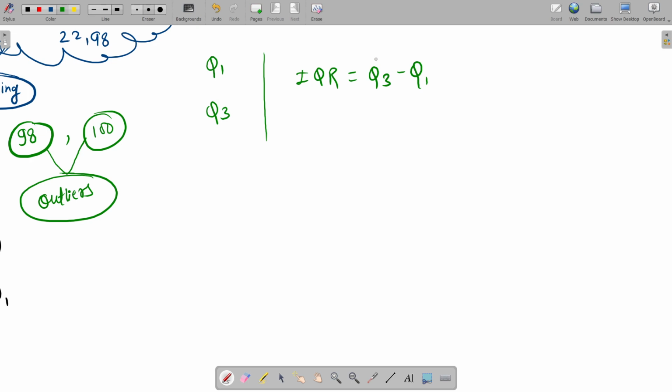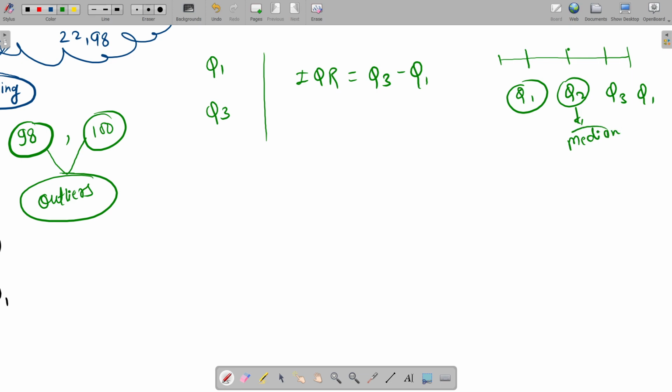Quartiles are the 4 equal parts of any data set. Suppose we have a data set, we can divide it into 4 equal parts: part 1, part 2, part 3 and part 4. So this will be our Q1, Q2, Q3 and Q4. Q1 is quartile 1, Q2 is quartile 2. Quartile 2 means median. Then quartile 3 and quartile 4.